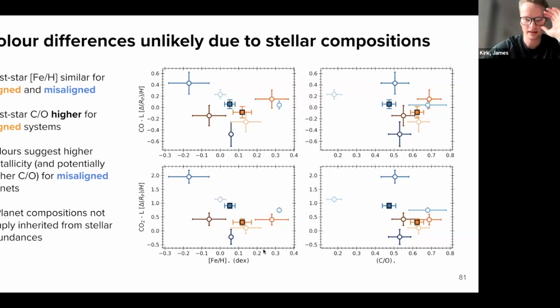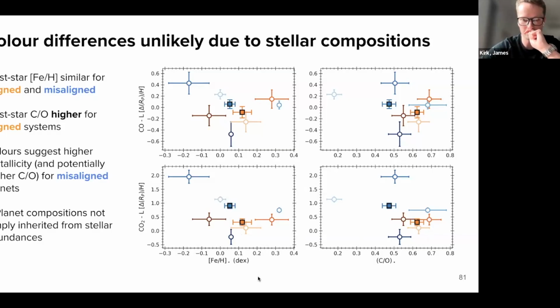But essentially, there's no significant difference in the metallicities between the aligned and misaligned host stars, with a slightly higher C to O ratio for the aligned stars than the misaligned stars.